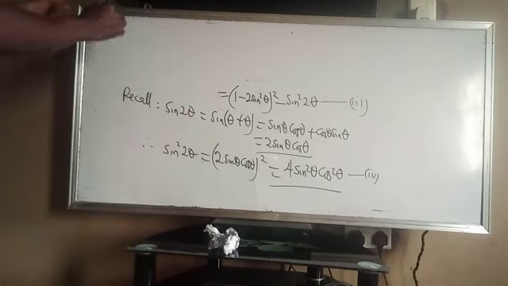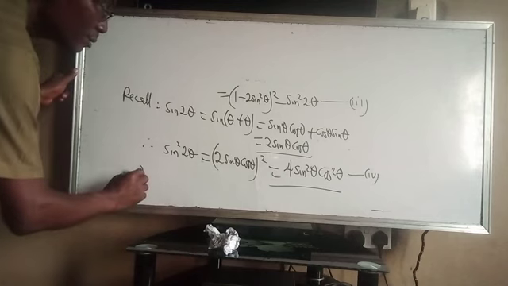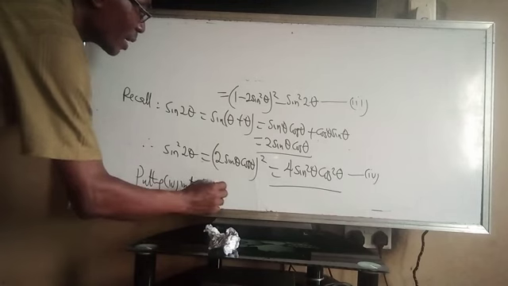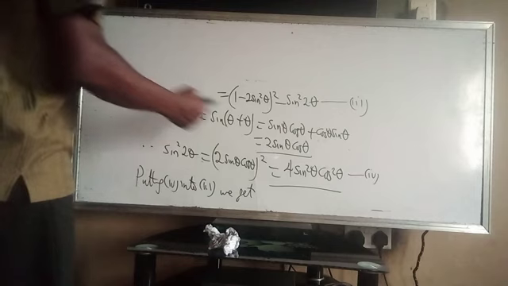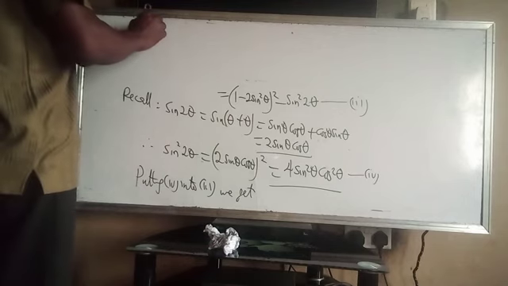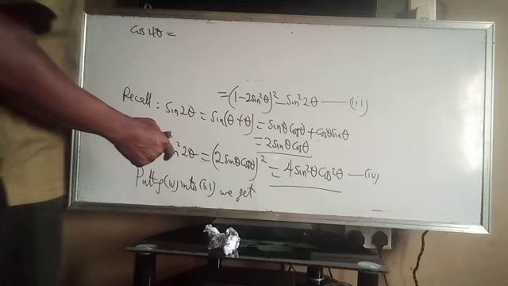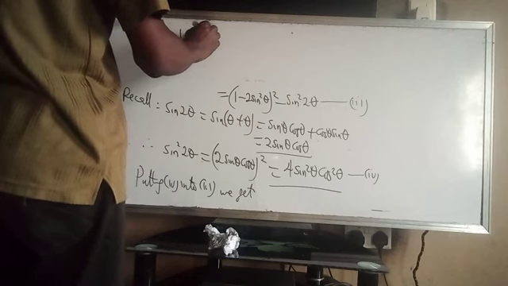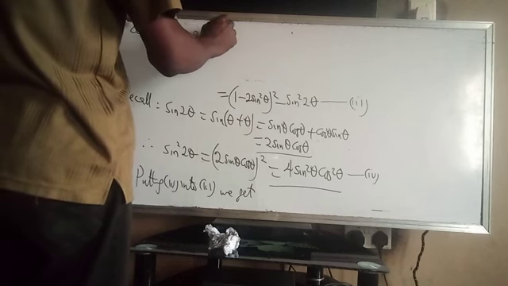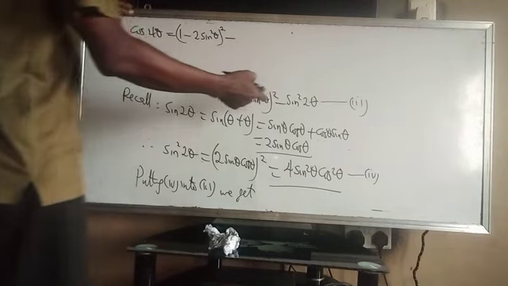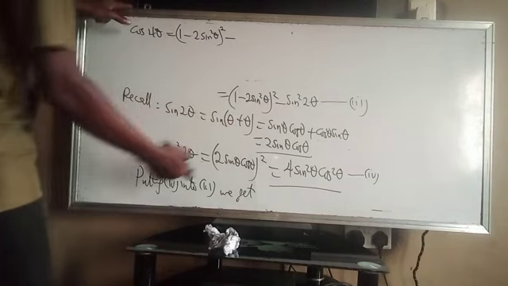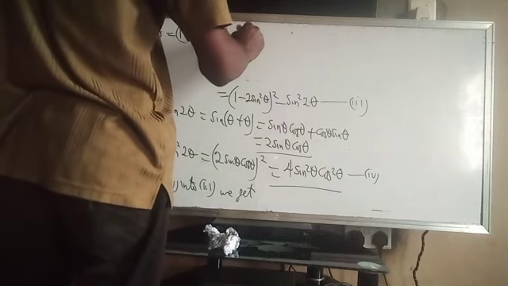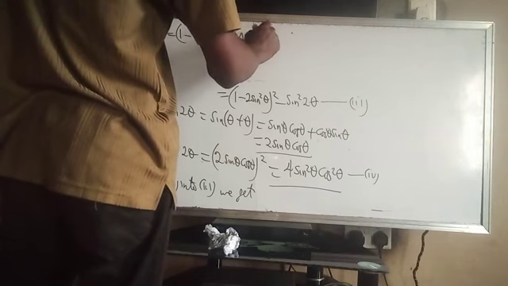Putting 4 into 3, cos 4 theta will now be equal to 1 minus 2 sine square theta all squared, minus sine square 2 theta, which is 4 sine square theta cos square theta.